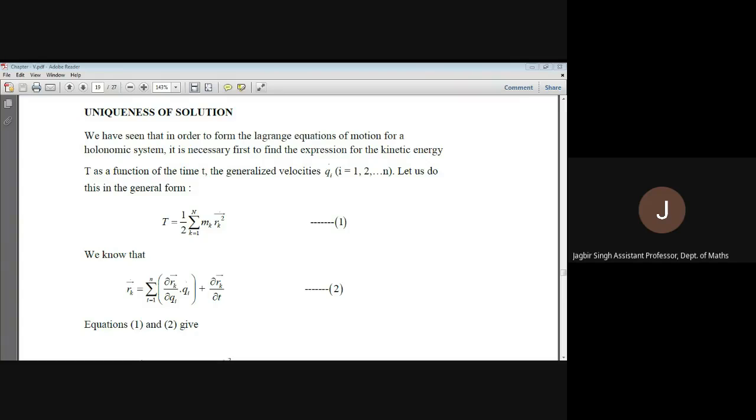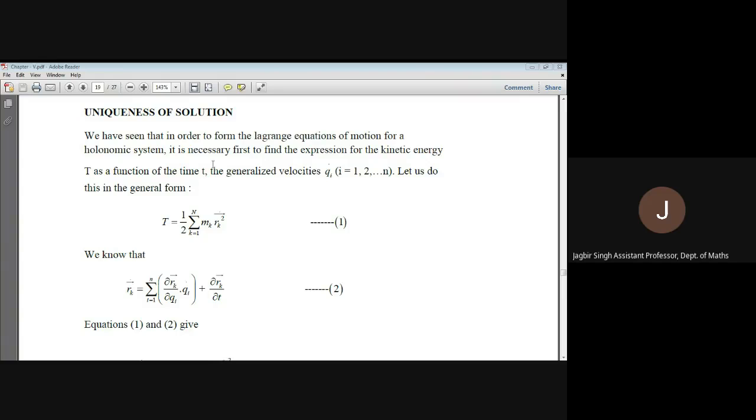Here it is. As we have seen, the expression for kinetic energy is T equals half summation k from 1 to n, mk rk vector dot squared, as equation 1. Now we know that rk vector dot is a function of generalized coordinates t, qi and qi dots.